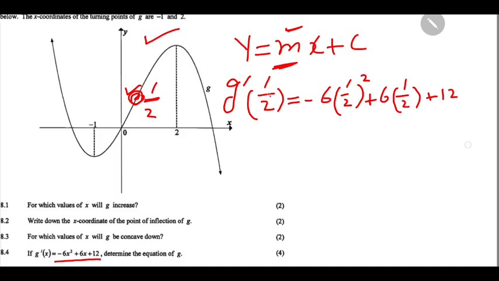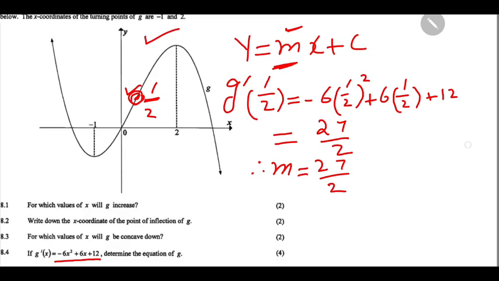I substitute x = 1/2 into the first derivative and I use my calculator to get 27/2. So this is my m, because the gradient of the tangent and the gradient of the graph are equal at the point of tangency.